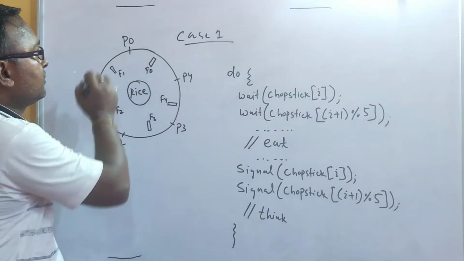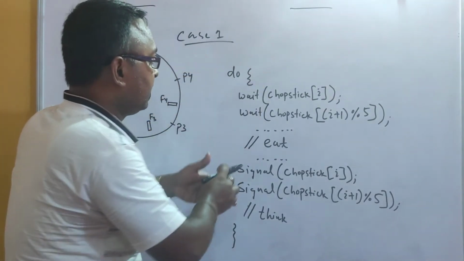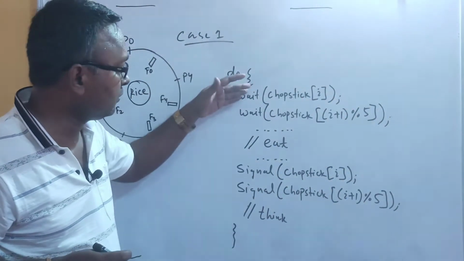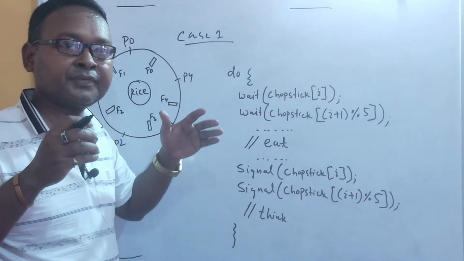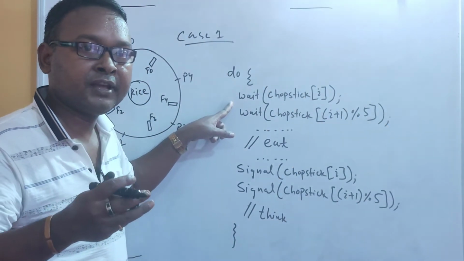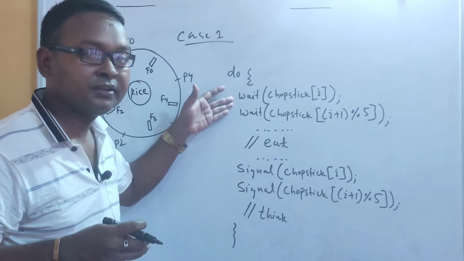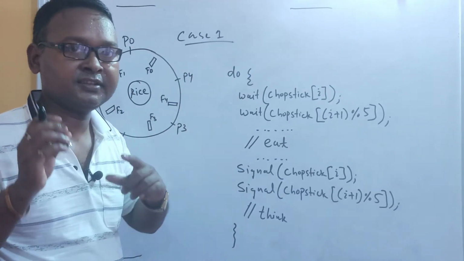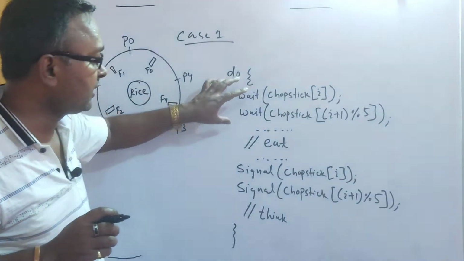Okay, philosopher P0 will come, they need to access this particular code. So you know the semaphore is a variable which works with 2 atomic operations, that is wait and signal. So that I have already discussed in my previous videos. Okay, wait and signal.